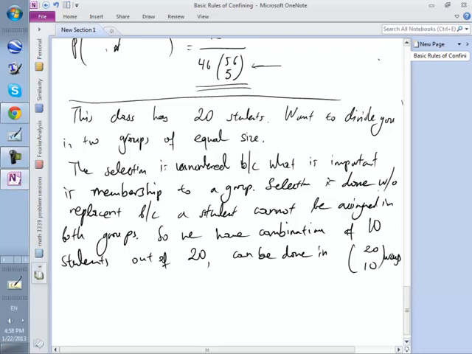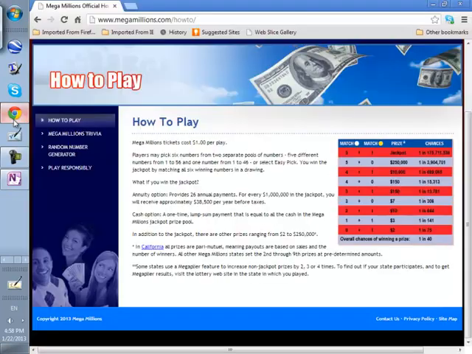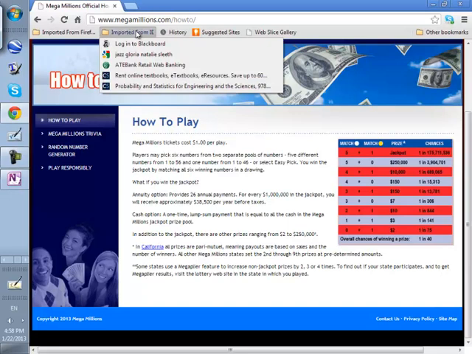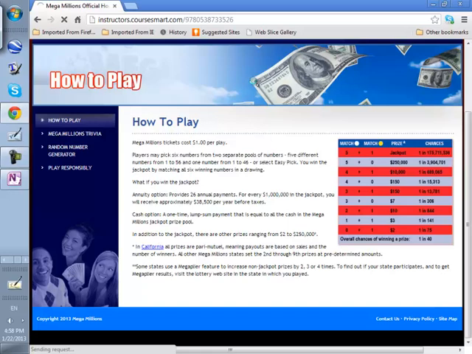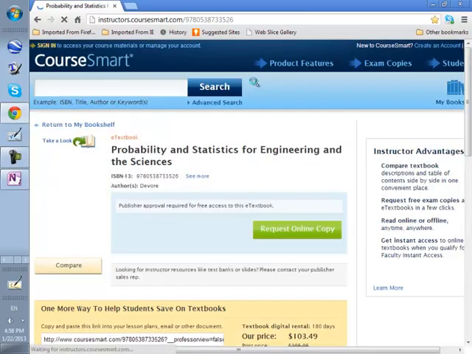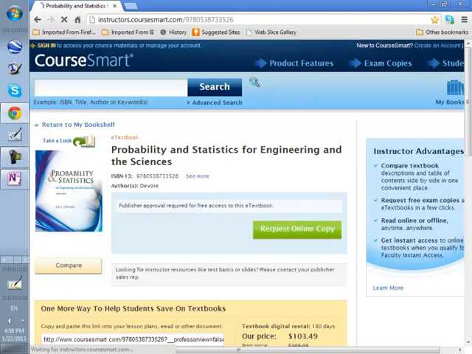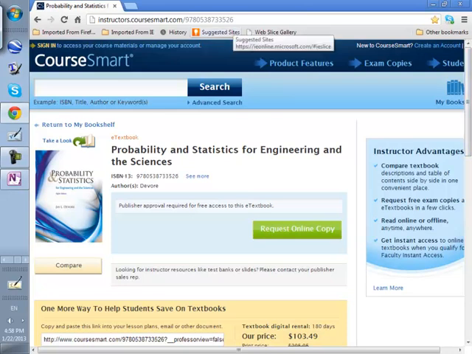So let's look at the book. Give me a second just to open the book. I think it's the other one.